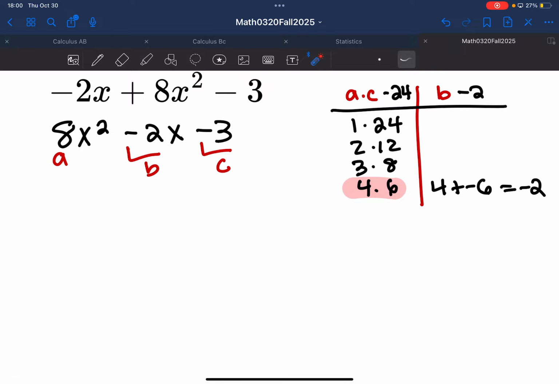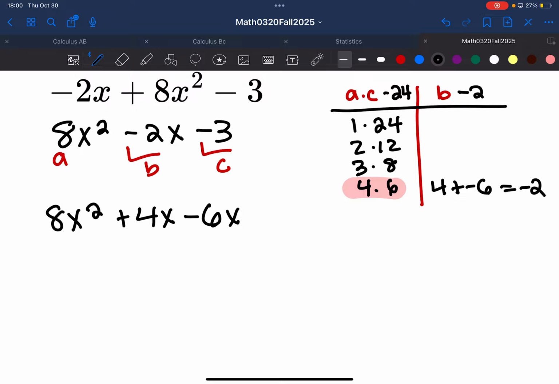From here, we're going to expand this. So it's going to be 8x squared plus 4x minus 6x minus 3, because remember, we wanted a positive 4 and a -6 so it would match up with our -2. Then we put the parentheses.